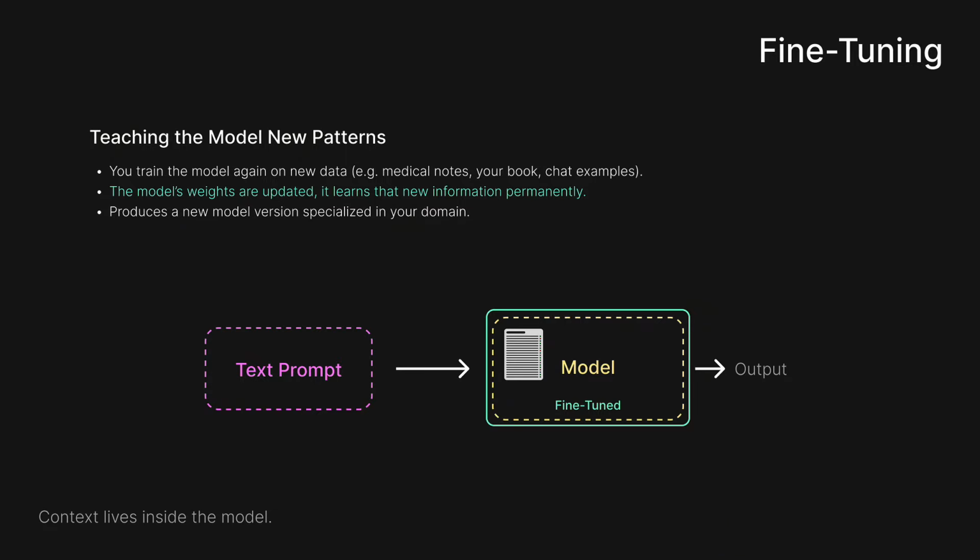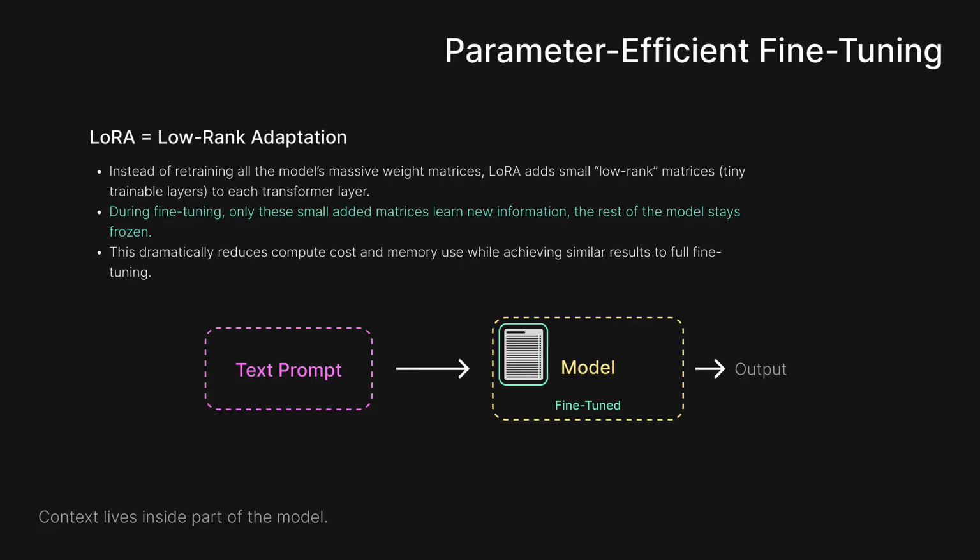Now, to fine tune a model does take a lot of resources because you need to update all the model's weights. So, there's a better alternative to this if you want to do the same thing but on smaller resources, and it's very efficient. And this can be done with parameter efficient fine tuning using LoRa, low rank adaptation.